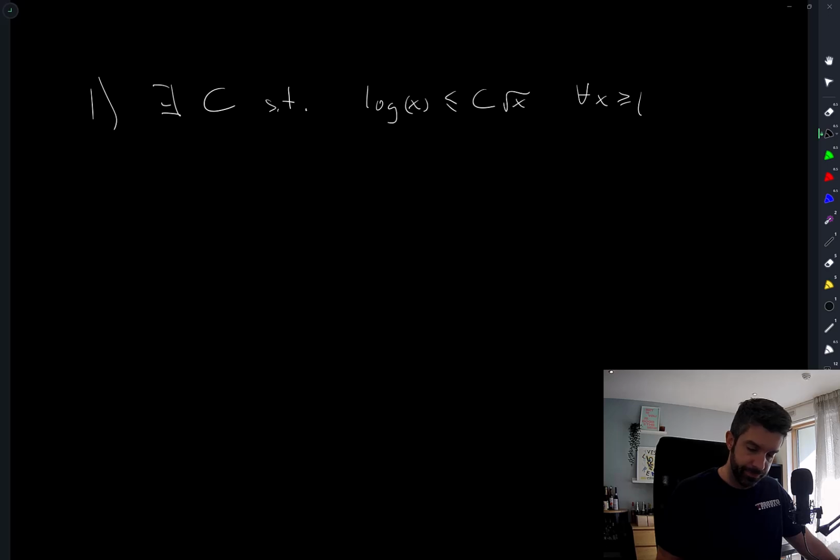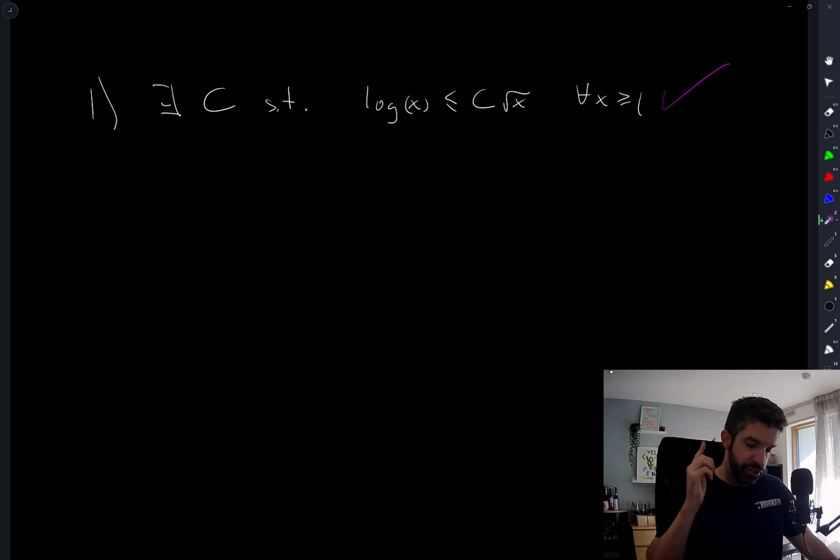And I don't really think I need to go through much explanation. You can just plot the two of these things yourself. The intuition here is that the logarithm function is much slower growing than the square root function for values of x greater than or equal to 1.